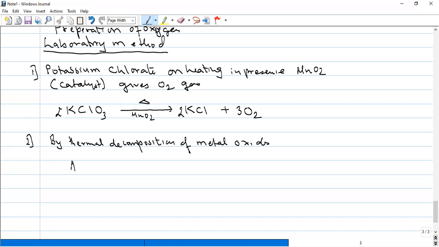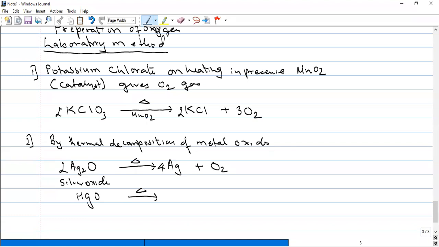Example, silver oxide. We heat it, it decomposes and gives you silver plus oxygen. Mercury oxide will give you mercury plus oxygen.